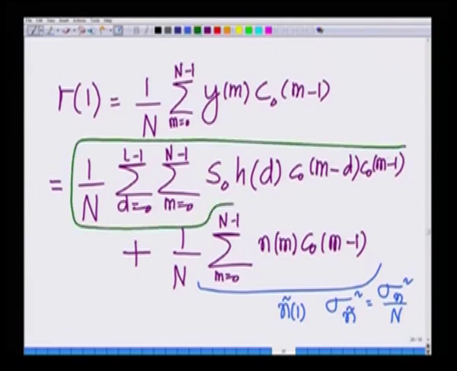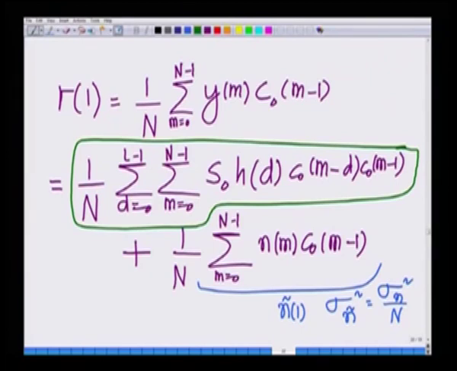Instead of correlating with C0 of m, I am correlating with C0 of m minus 1. Hence, this will pick the term corresponding to d equals 1, because remember, C0 of m minus d into C0 of m minus 1, when summed over all the chips, will only survive if d equals 1.